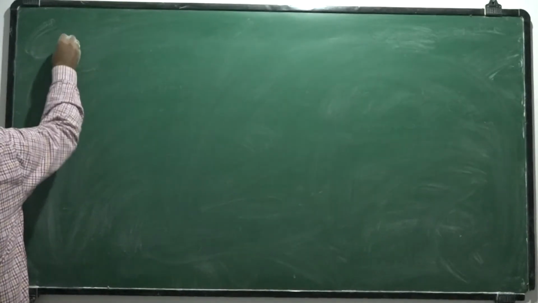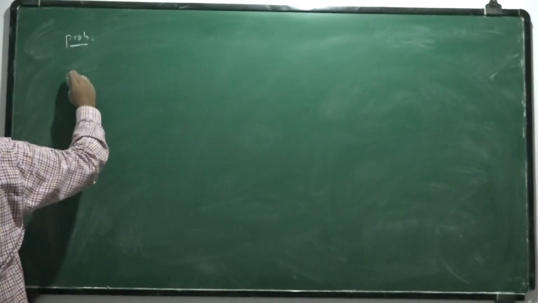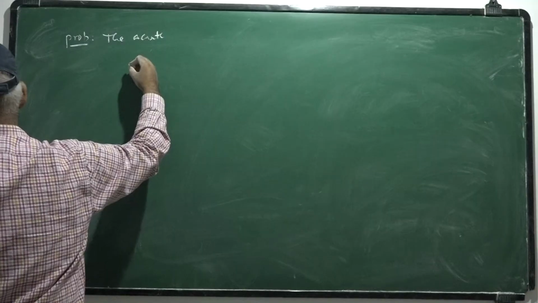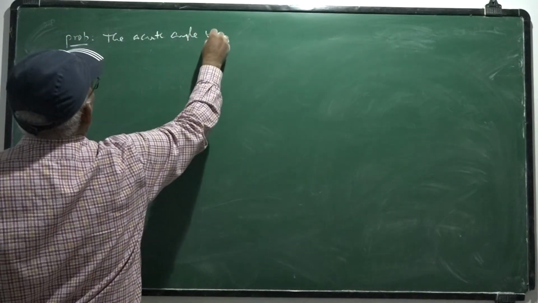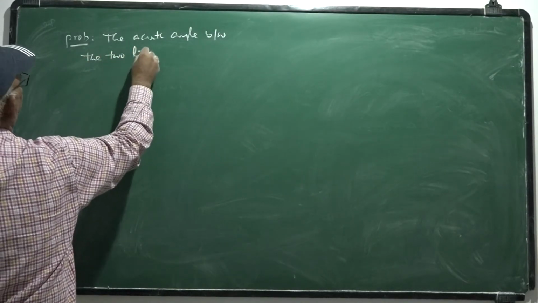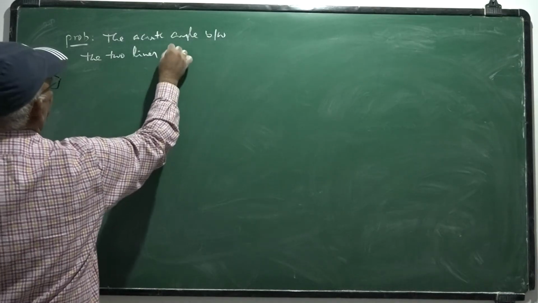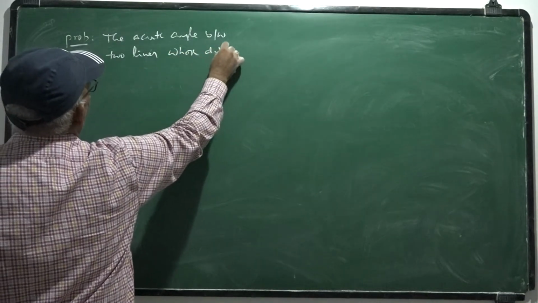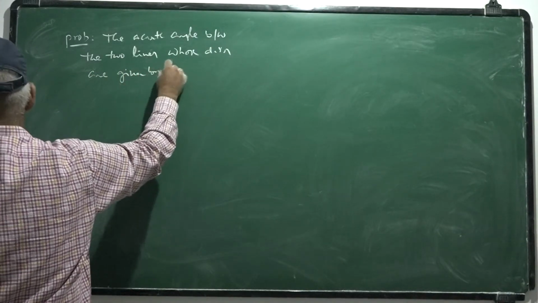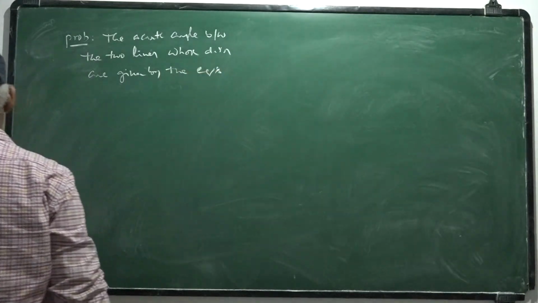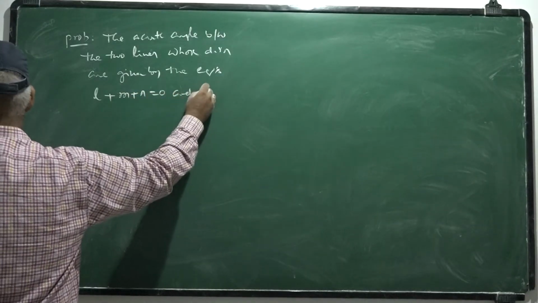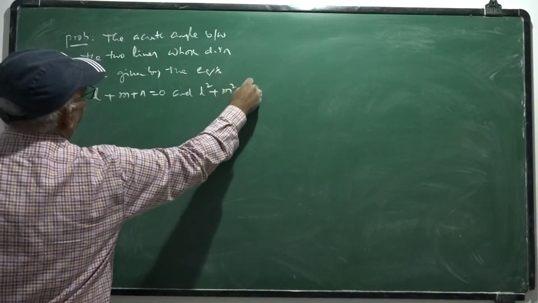Similar problem, one more of the same model. The acute angle between the two lines whose DRs are given by the equations l plus m plus n is 0 and l square plus m square minus n square is 0.